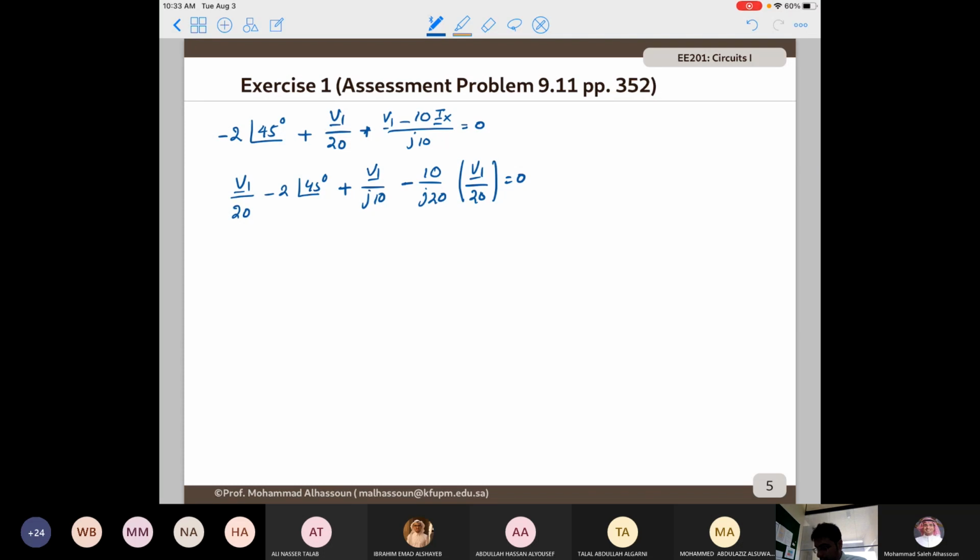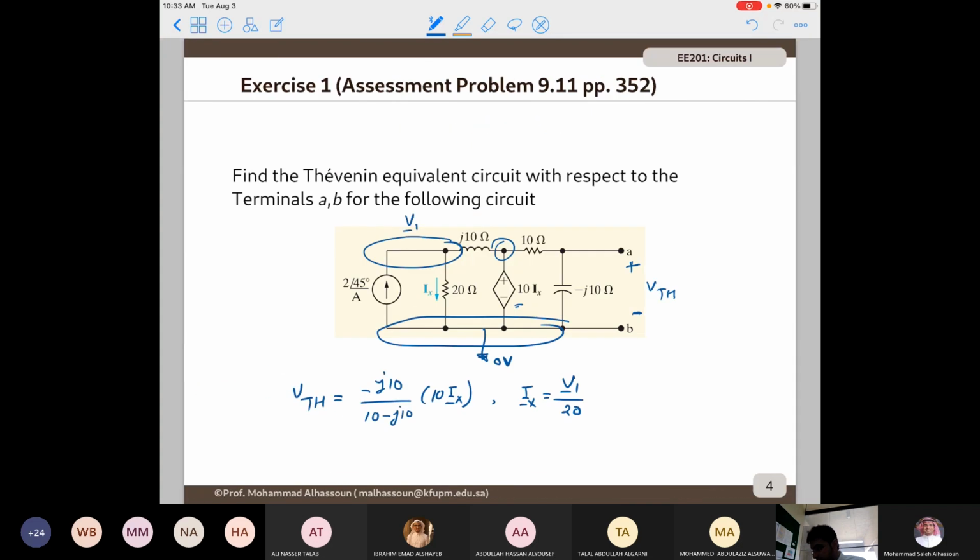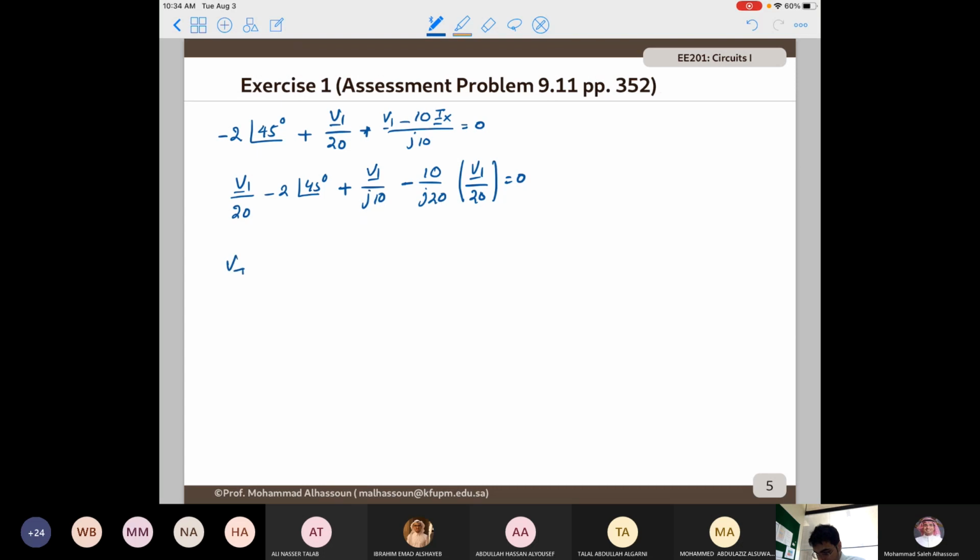Once you find V1, you can find Ix, because Ix is V1 divided by 20. And once you find Ix, you will find the Thevenin voltage. V Thevenin will be 10 with the angle 45.